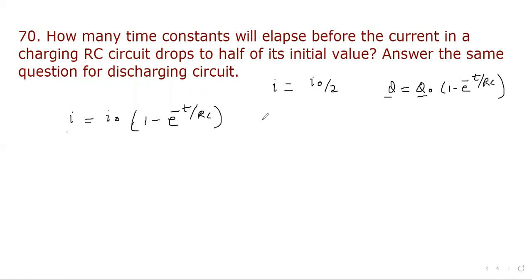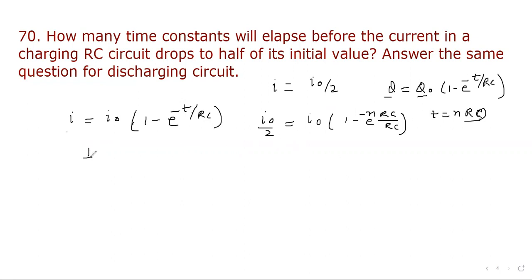So we write it here. I0 upon 2 equal to I0 times 1 minus e to the power, suppose t equal to, and RC. Because the question says how many time constants? RC is the time constant. Suppose n time constants are there. So n times RC divided by RC.